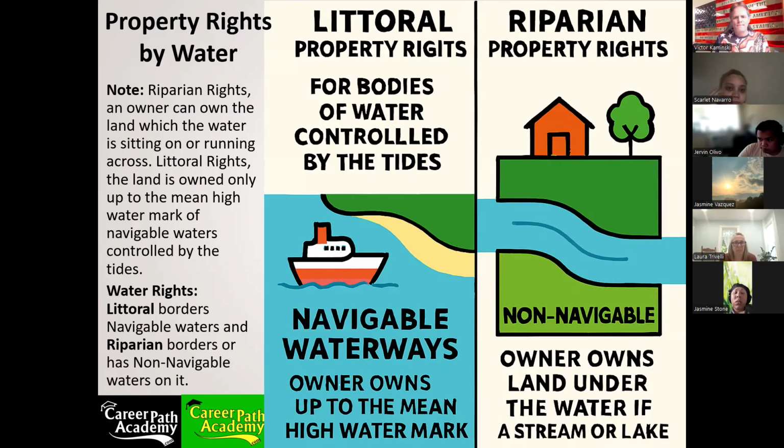Okay. So riparian rights, an owner can own the land which the water is sitting on or running across. Littoral rights, the land is owned only up to the mean high water mark of navigable waters, controlled by the tides. So littoral borders navigable waters and riparian borders non-navigable waters.